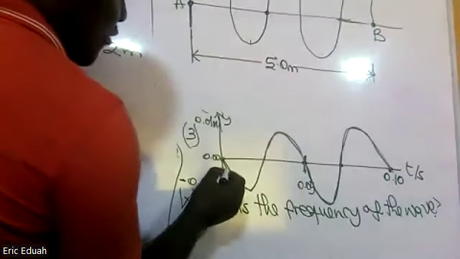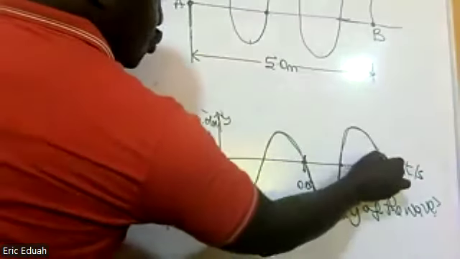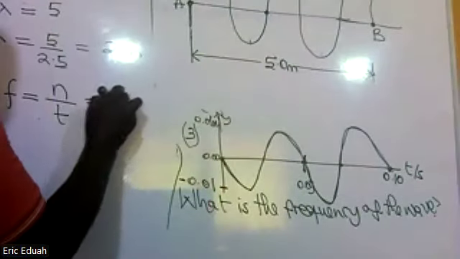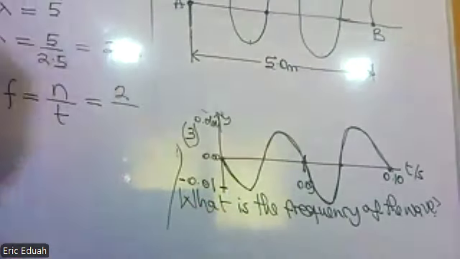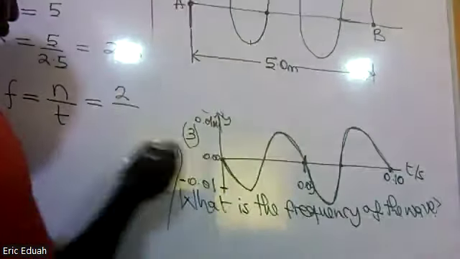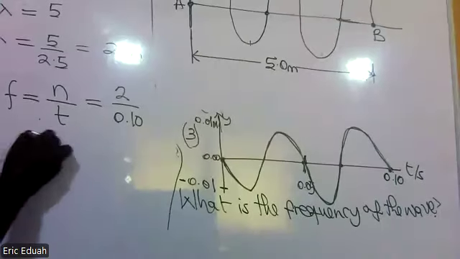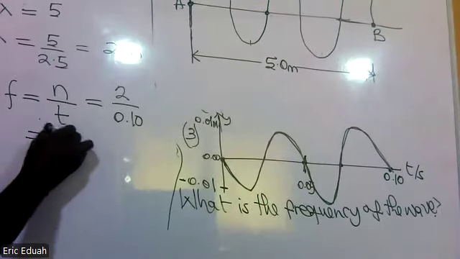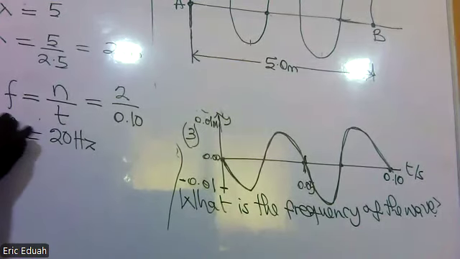She counts the number of complete cycles, 1, 2. So 2 divided by the time taken to make this number of cycles, which is 0.1, and she divides to get 20 hertz.